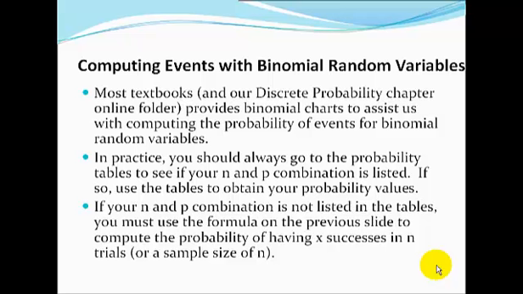If it is listed, you should use the table to obtain your probability values. If your n and p combination is not listed in the tables, you must use the formula on the previous slide to compute the probability of having x successes in n trials, or a sample size of n.